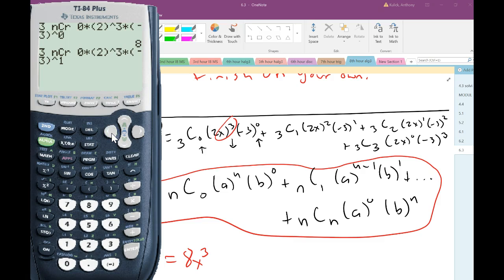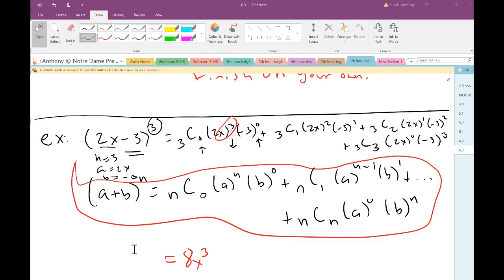This exponent moves from a 3 to a 2. And then this subscript changes from 0 to 1. So now I have minus 36x squared. Again, why x squared? Because of that.